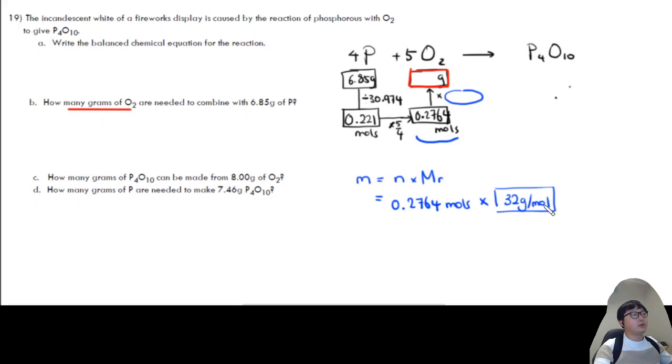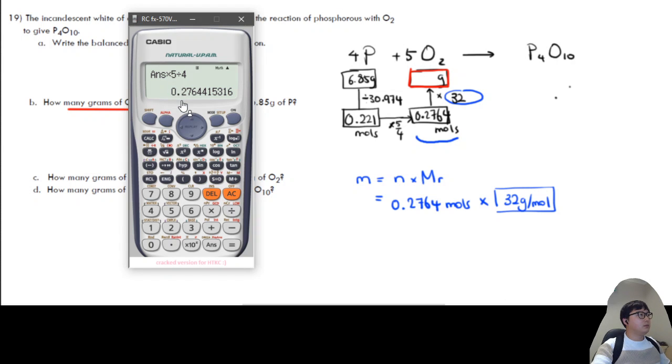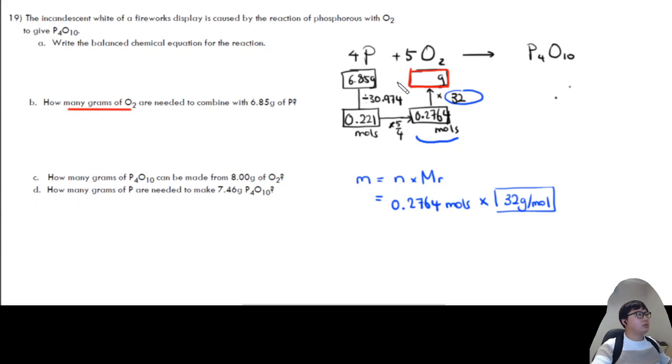So times by 32 grams per mole. Then you get the answer. Mihir, do you follow this all pretty well also? Okay, so the answer is 8.846 grams.